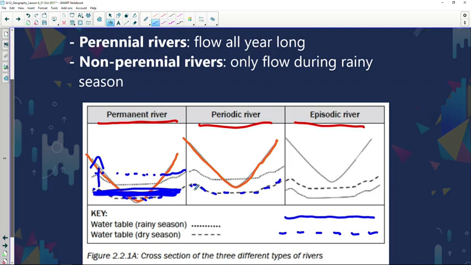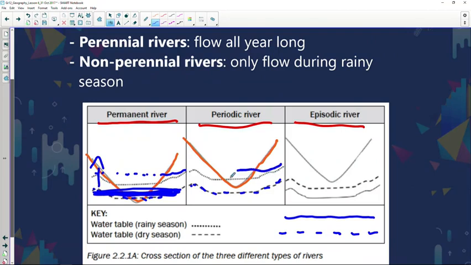It's actually completely dried up. But during rainy season, for instance, during summer months in South Africa, many of our rivers will have water, because what happens? The water level rises.